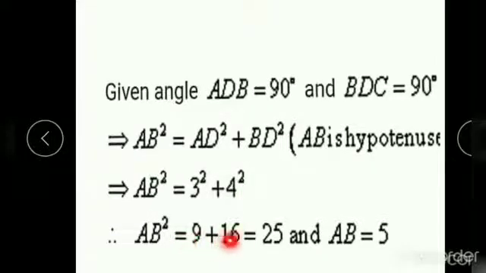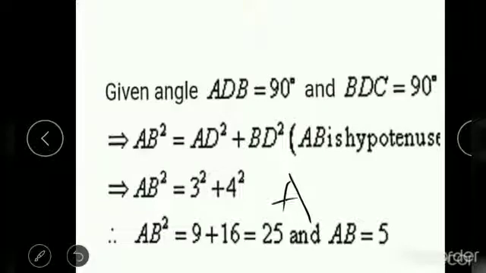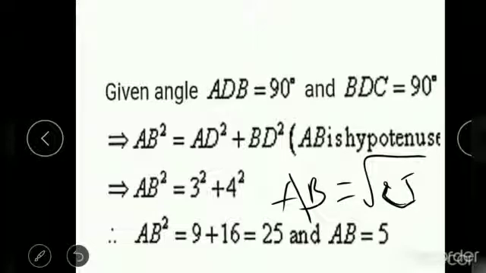So 9 plus 16 gives you 25 and you want to find the side value AB, right? So send the square to the other side, it becomes square root. So AB will be square root of 25. 25 can be written as 5 square.